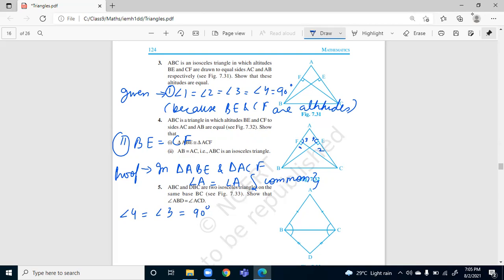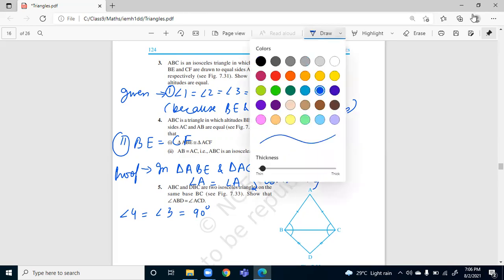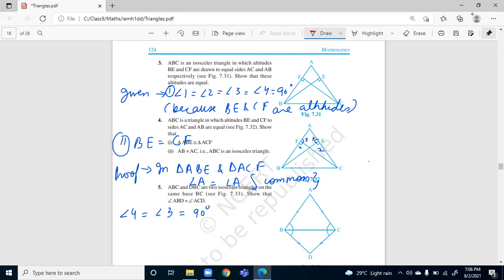See, you have to keep an eye on the triangle. So I'm just coloring it with different colors so that you can know which triangles we are talking about.